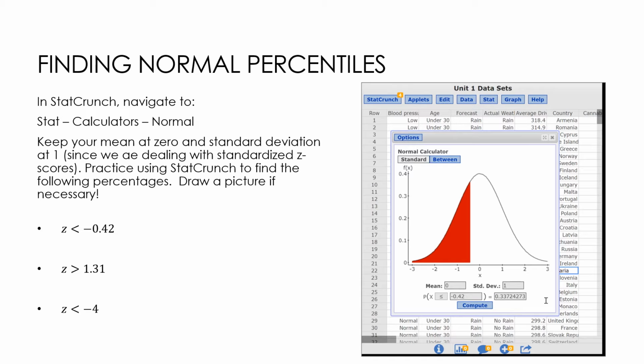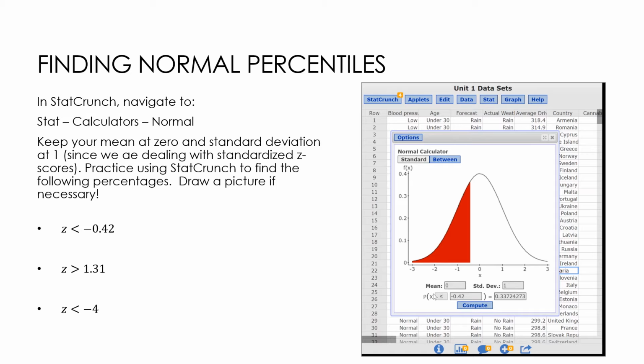So if they said what percentage of values are less than a z-score of negative 0.42, I would say 33.7% of values. I want you to also notice that the area that is shaded is to the left, which makes sense because that would be the area less than negative 0.42. So let's try the next one.